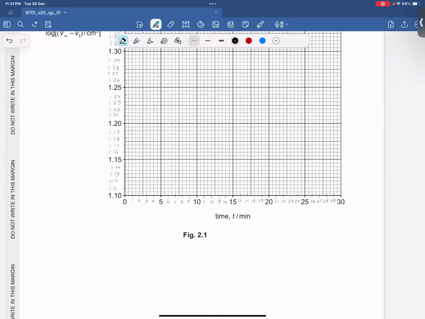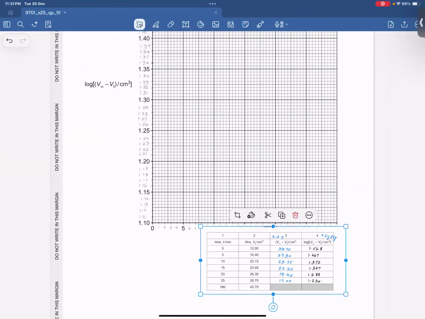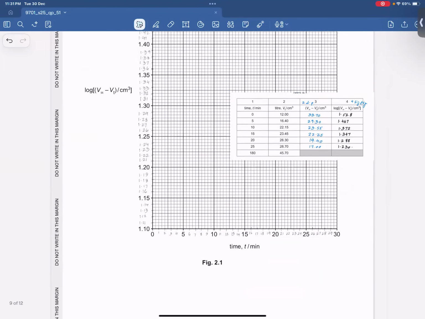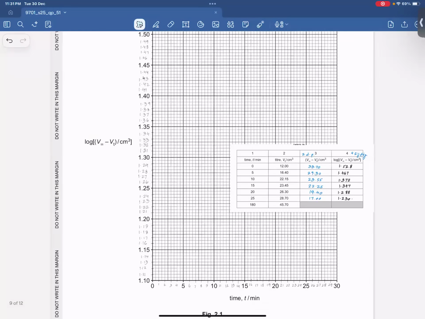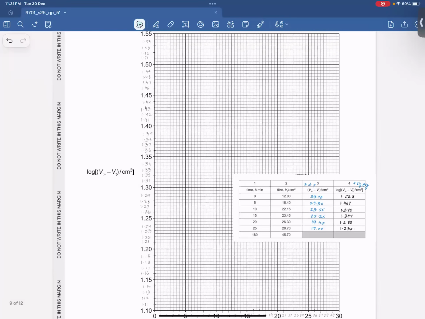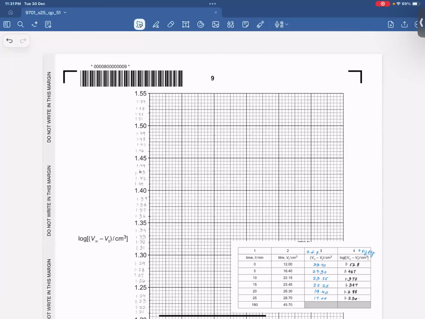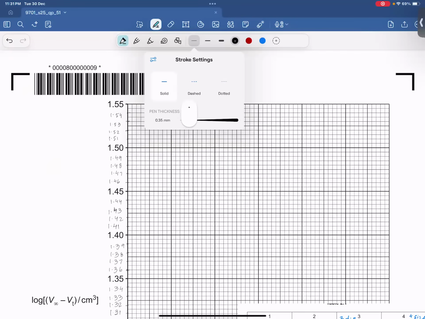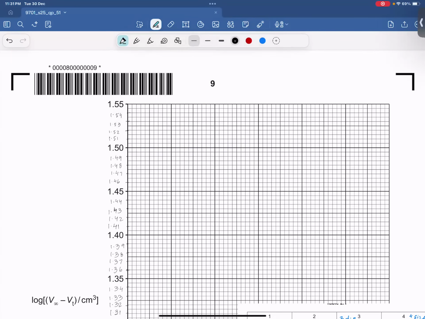Let me draw the table. Okay. So first at 0 we have 1.528. 0, 1.528. Somewhere around here.